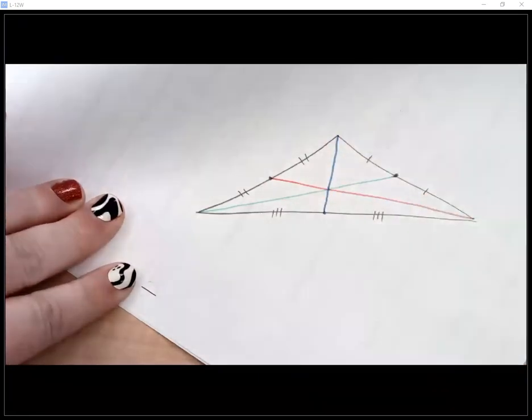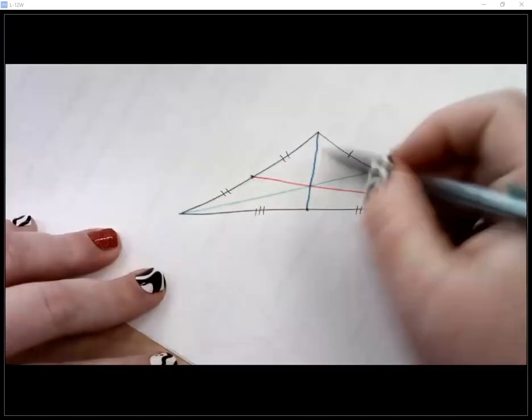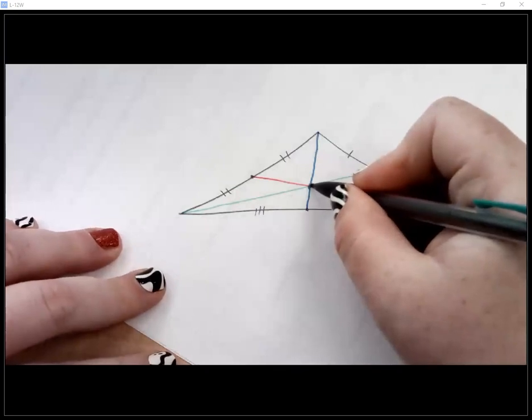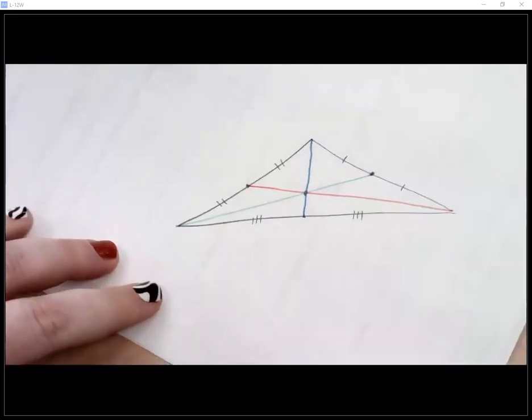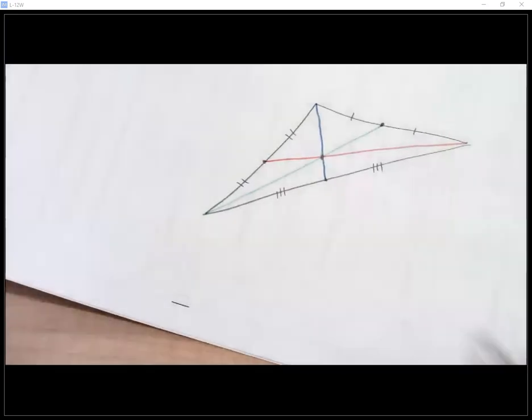Do you see what happened? All three of these lines met at the exact same point. First of all, that's wild, because if you have three lines, they don't all have to intersect each other at the exact same point. Cool thing number one that they do, and that will happen every single time, any triangle, doesn't matter. Doesn't even matter. What?